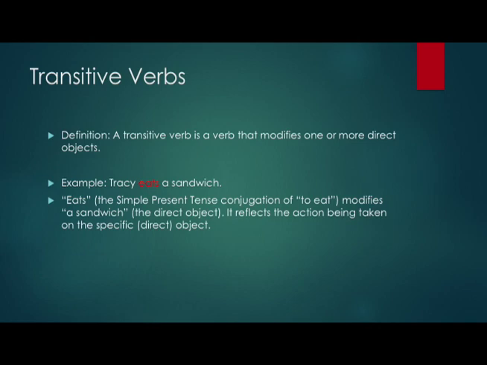So eats is the verb here, the predicate, in the simple present tense conjugation of to eat, okay? And it modifies a sandwich. So the sandwich here is the direct object, the thing that Tracy is eating. So it is the specific object that the action is being taken upon.